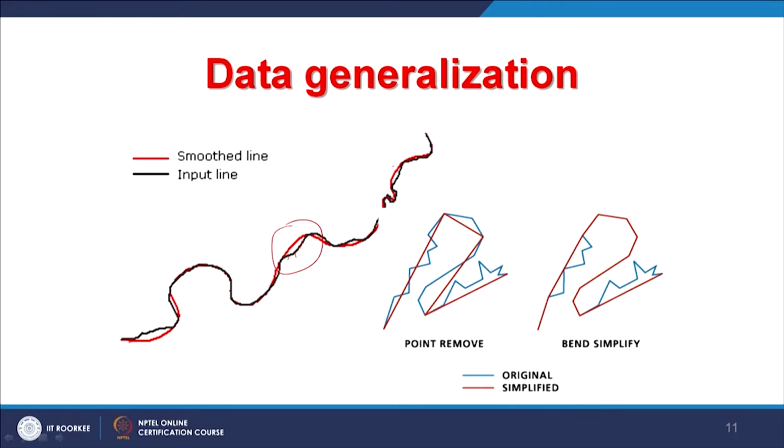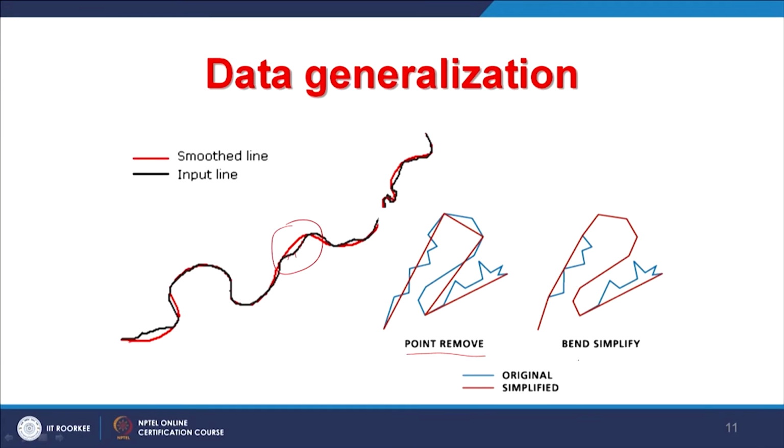Sometimes it is very much required to perform. Therefore, these tools are supported in GIS. Another example here is point removal, meaning node removal. The blue line is your original data, and while digitizing, it has created a very zigzag appearance. Whereas I do not want that kind of detailed data, I want a very simplified one. The simplified one is the red one which you are seeing.